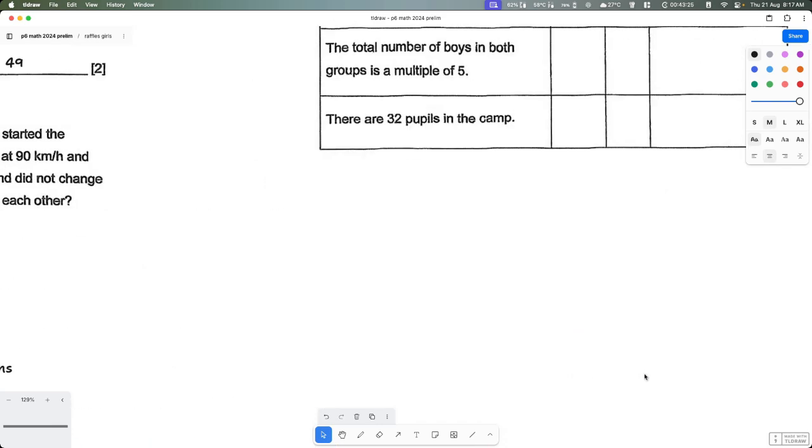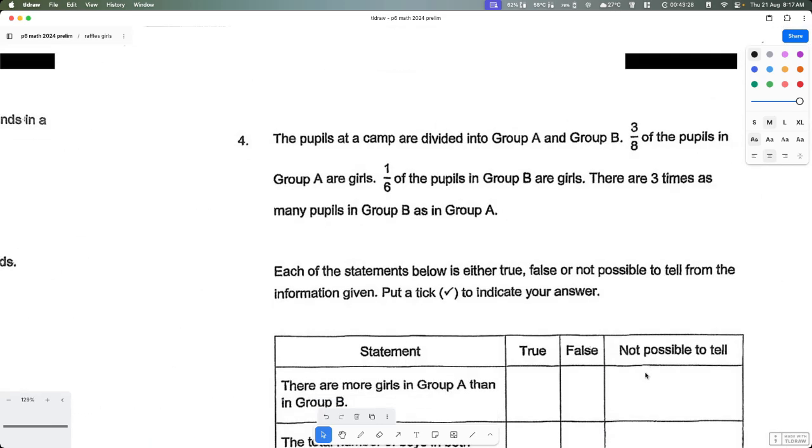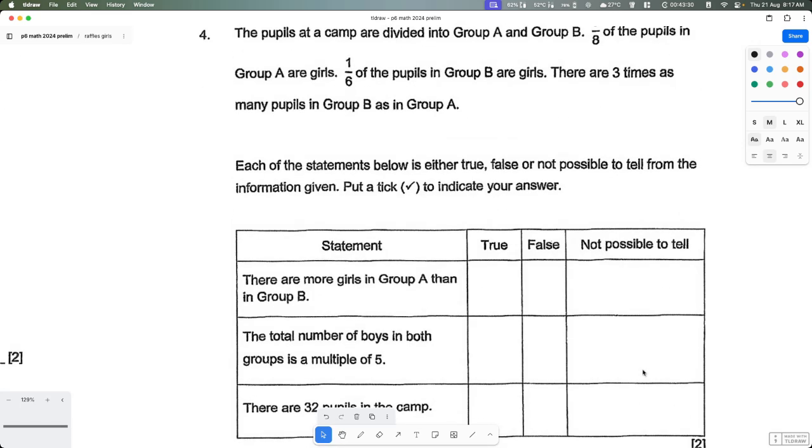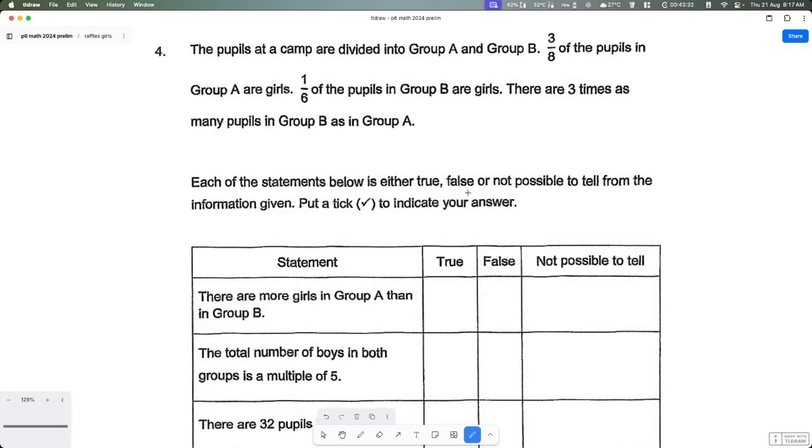Question number 4. The pupils at a camp were divided into group A and group B. Three eighths of the pupils in group A are girls. 1/6 of the pupils in group B are girls.